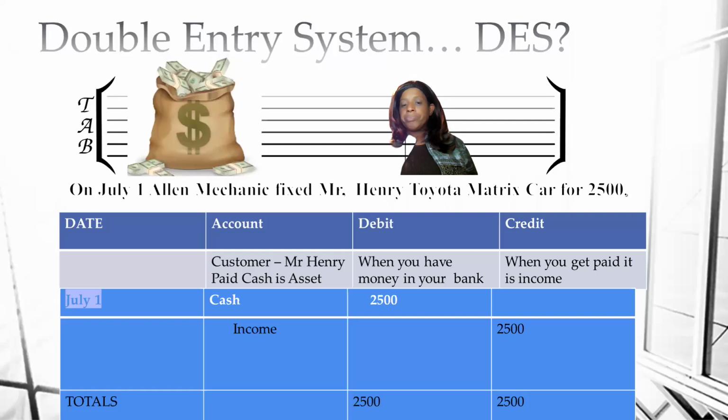Everybody understand? Now, if you look at the bottom, you will see that you have totals. When you have your debits and your credits, they need to be totaled. They need to be balanced. So that is talking about the journal entry system, and we'll do some more in class.